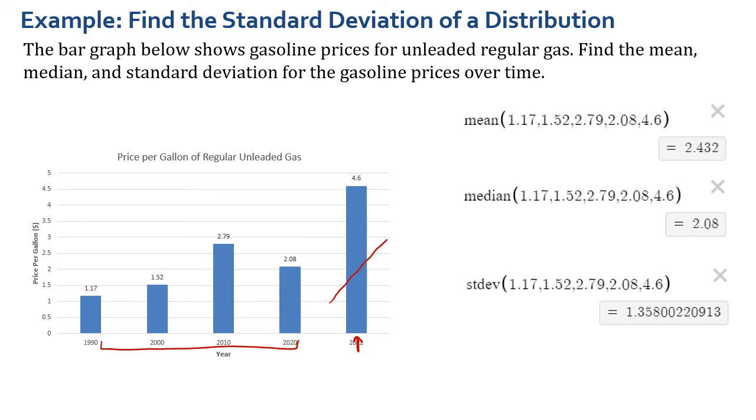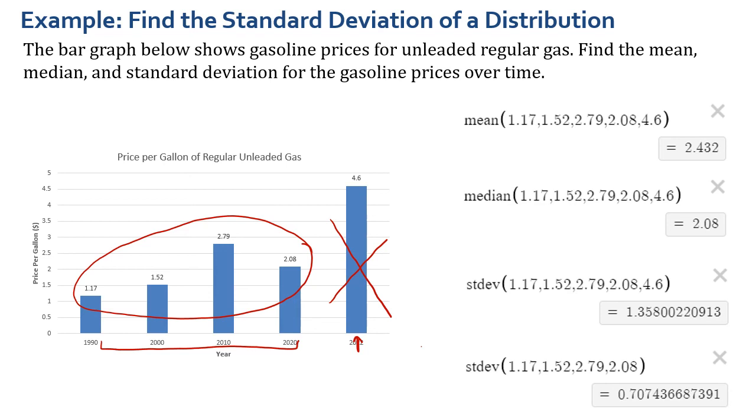Now, if I didn't include this value in the standard deviation, it would be lower, because the variation isn't very high between $1.17 and the highest, $2.79, versus the smallest being $1.17 and the largest being $4.60. So if I took out this $4.60 from the standard deviation, I get only 71 cents.